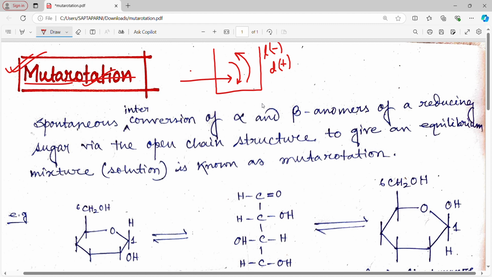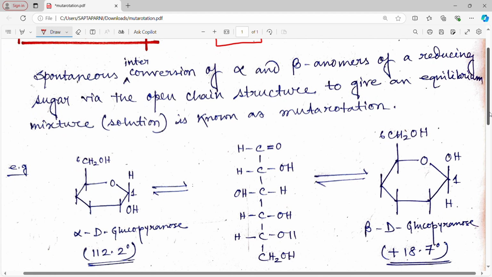Now in case of carbohydrates, we know that there are cyclical forms like this one and this one, and in the cyclical form of carbohydrates, anomers are found: alpha anomer and beta anomer. These names of alpha and beta anomer are dependent on the position of the hydroxyl group with respect to the anomeric carbon.